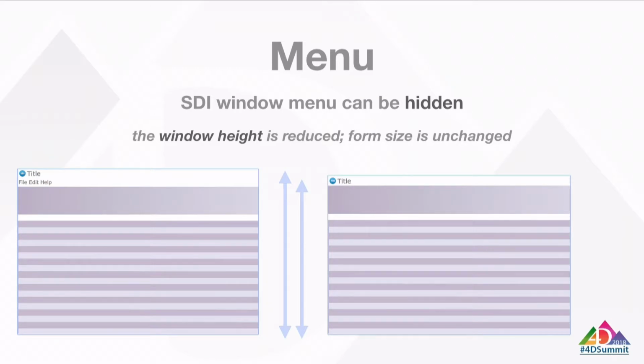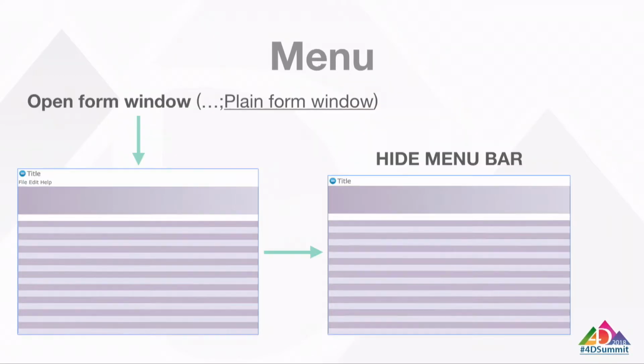What's interesting is that whether you display the menu bar or hide it, it doesn't affect the size of the form, because effectively the menu is inserted on top of your form, and the title bar, which will always be there, is shifted upwards. So the form size does not change.